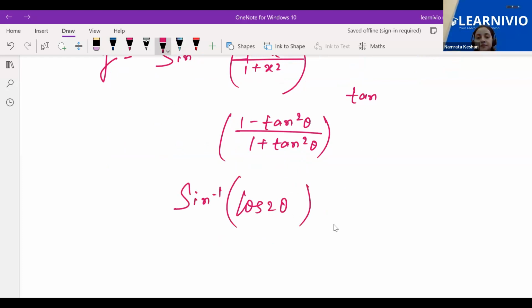What to do over here, Annapurna? Convert cos to sine. How? Cos 2 theta, is it cos of pi minus theta?